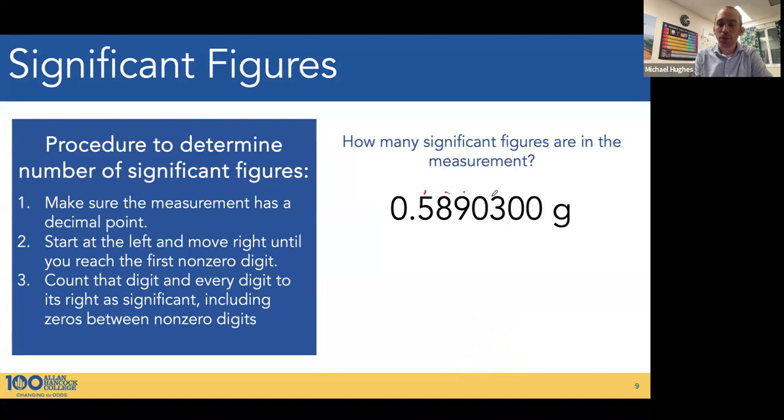So 1, 2, 3, 4, 5, 6, 7, including interior zeros and trailing zeros. It's only the leading zeros that we drop, according to our 3 rules. And so this should have 7 significant figures. The only one that's not significant in this value is here, in the first leading zero.